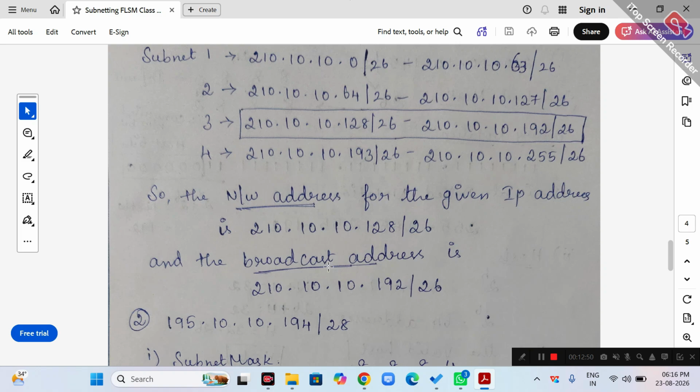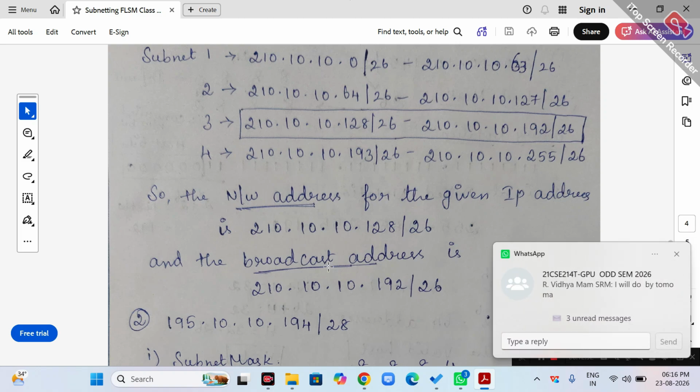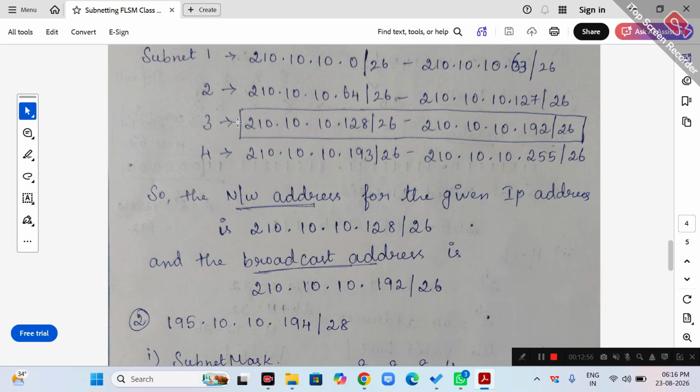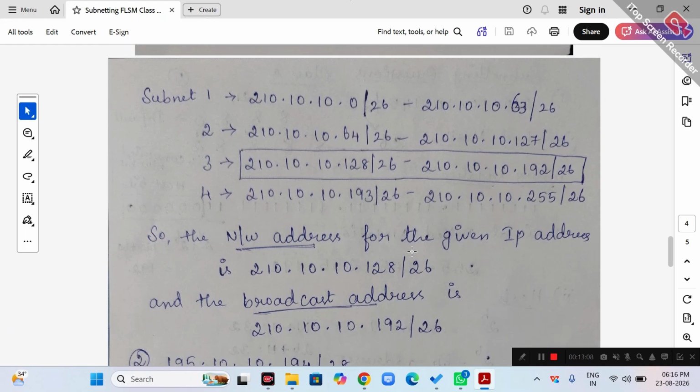So for this given IP address, the network address is 210.10.10.128 and the broadcast address is 210.10.10.191. So this is one example for FLSM in Class C. I will explain one more example in Class C in the next video.